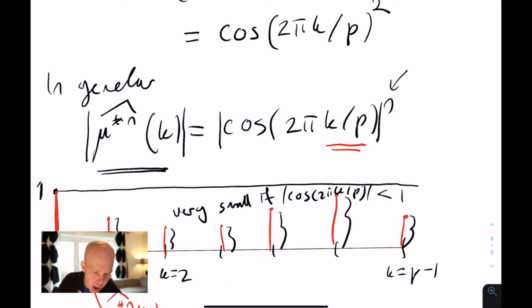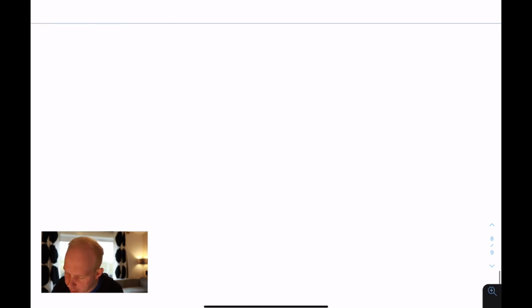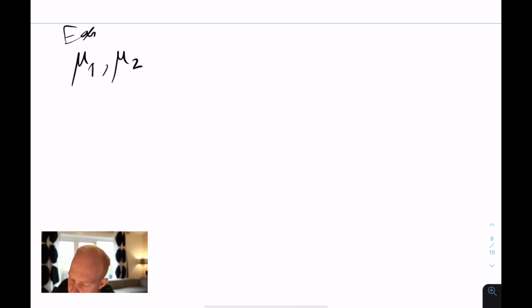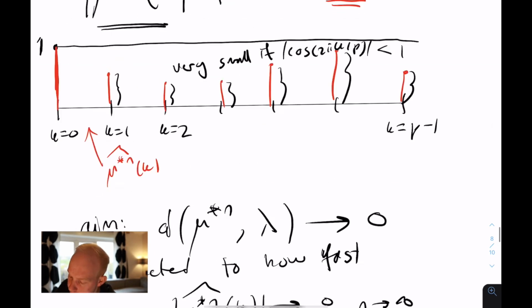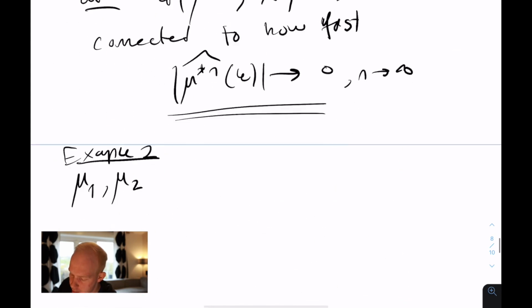And maybe another type of example which I want to talk about as well. So let's talk about this other example. What if you have different measures? So we have, let's say, mu1 and mu2. Maybe this is example 2, and that would be example 1.